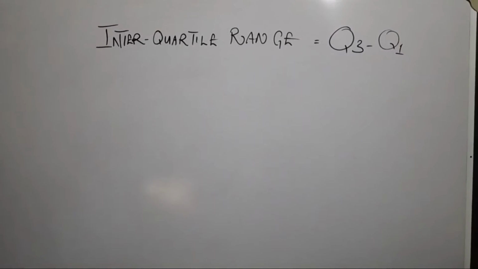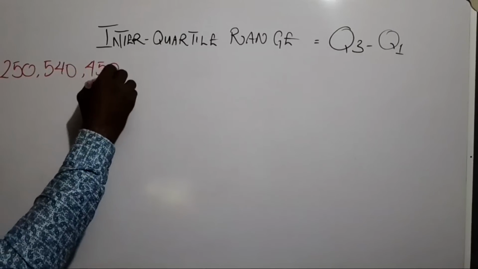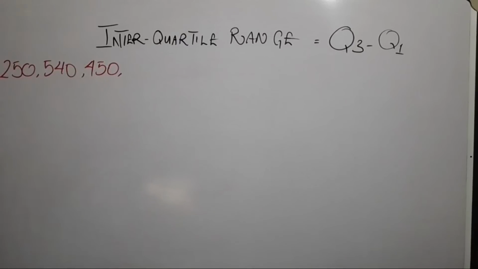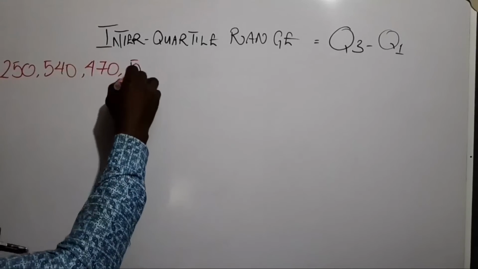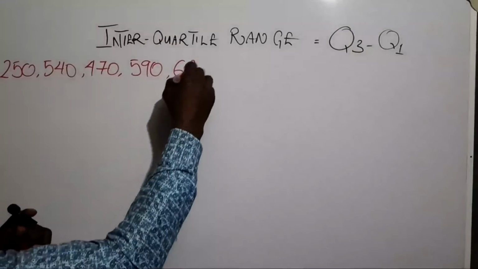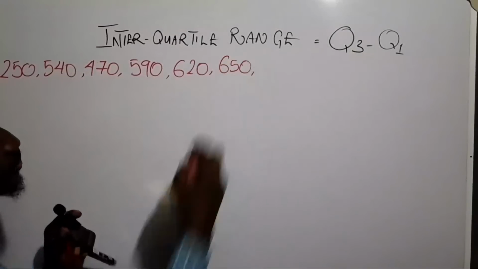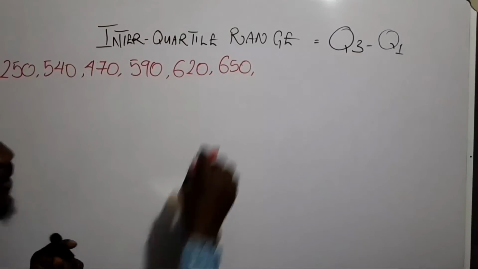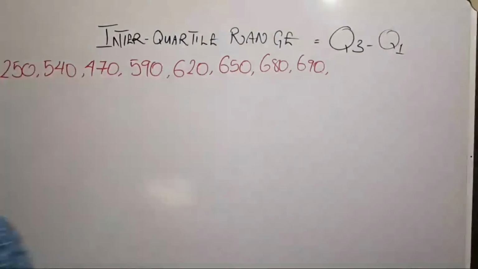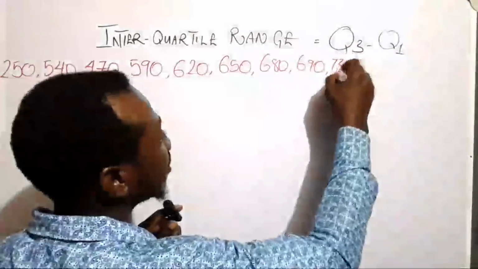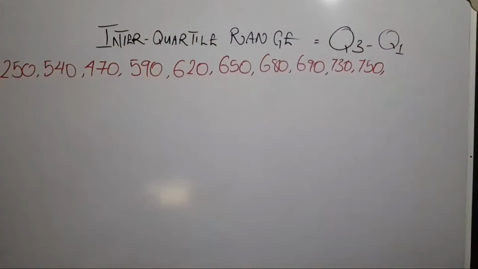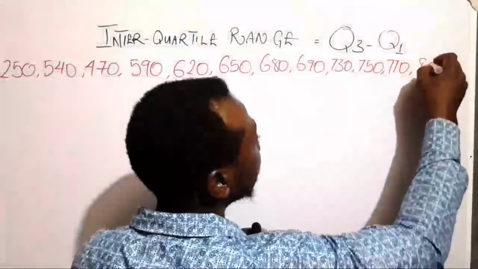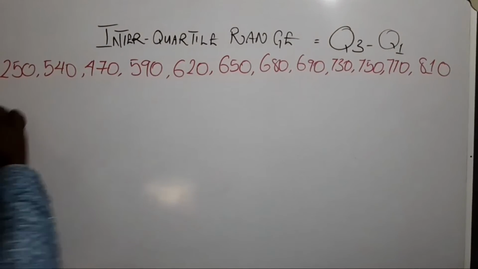So we have the data: 250, 540, 450, 470, 590, 620, 650, 680, 690, 730, 750, 770, and 810. So these are the data.